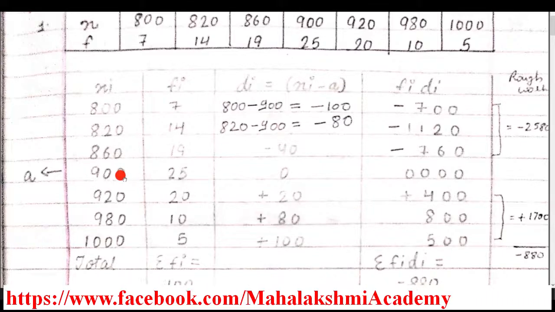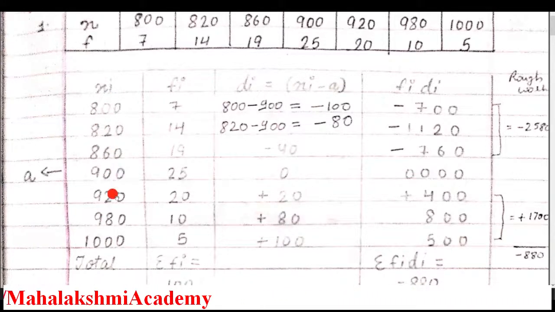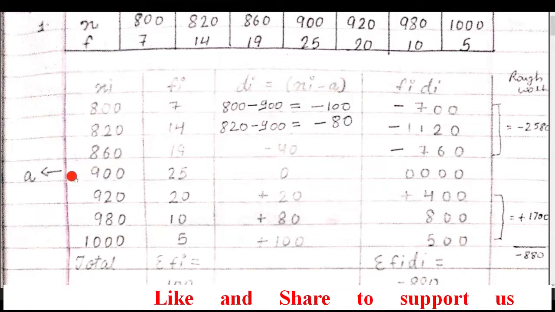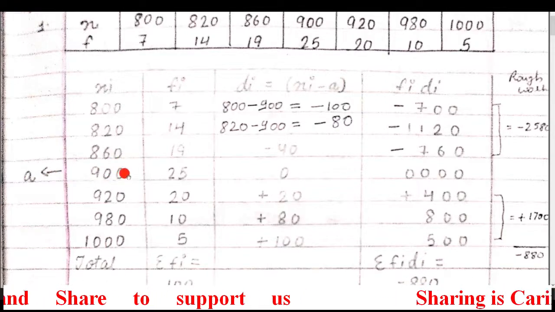That's why it is suggested to assume exactly the middle of the xi column, but it's not compulsory. You can assume any data as a. A is for assumed mean. Here I assumed 900 as the assumed mean. That's why I put the arrow and wrote a here, so that it is clear what a is for us.